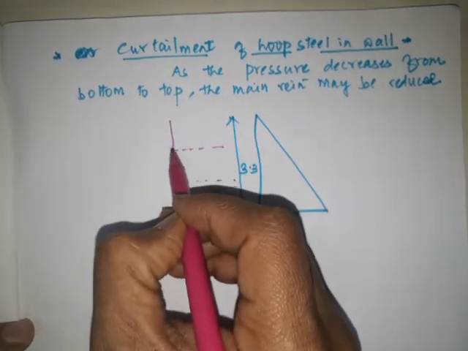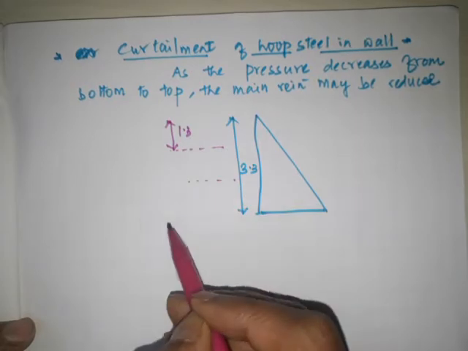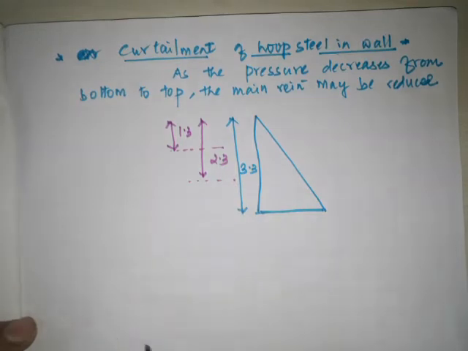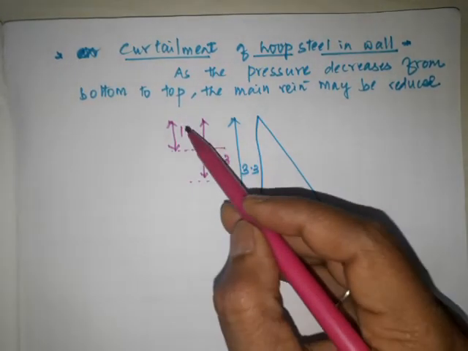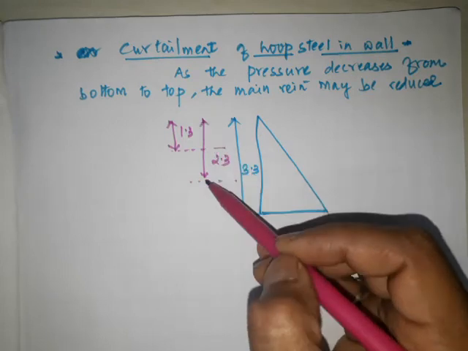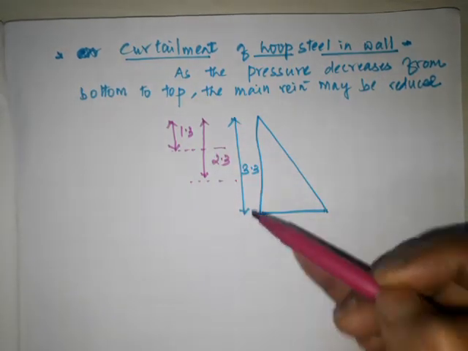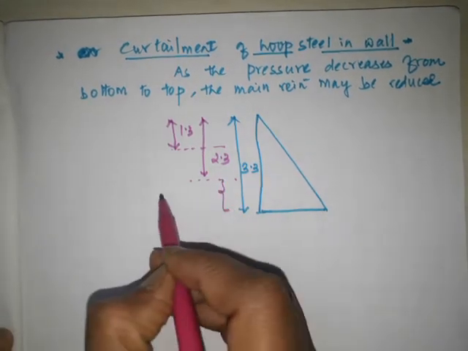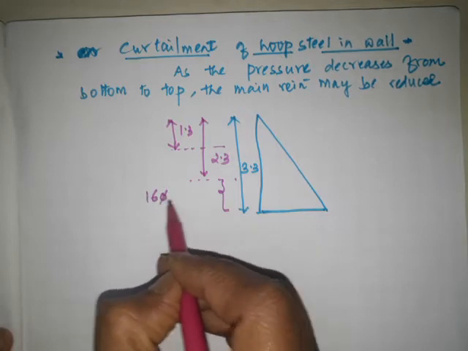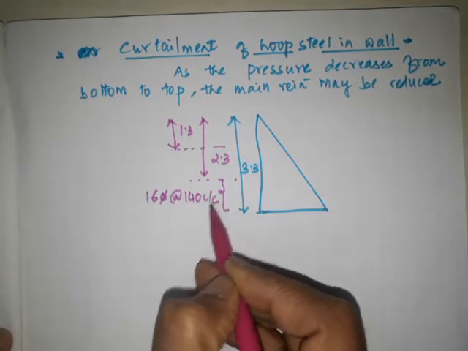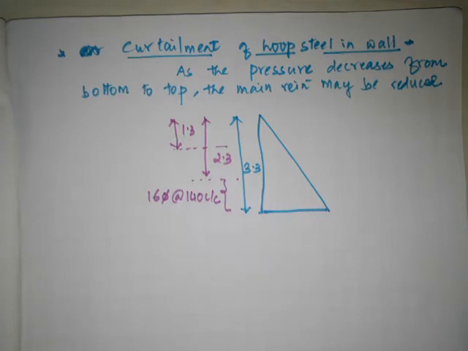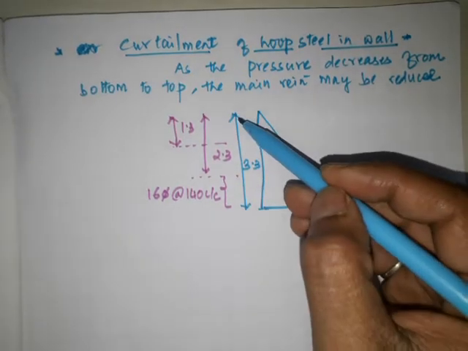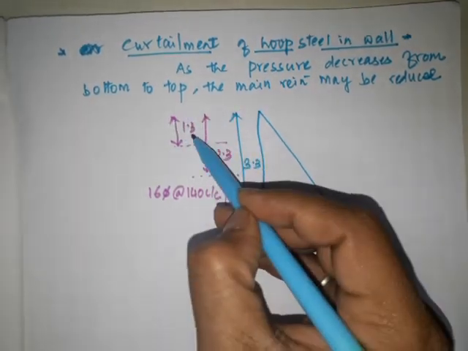So this level will be at height 1.3, and another level I'll consider as 2.3. So we have 3 levels of steel: for height 1.3, for height 2.3, and for height 3.3. For height 3.3 we have already got the bars as 16 dia at 140 center to center, already in the calculation. Now we have to find out for this and this.